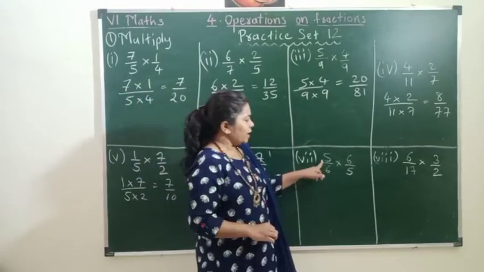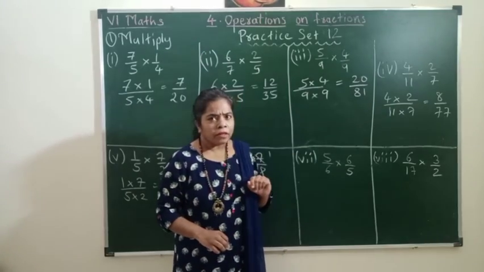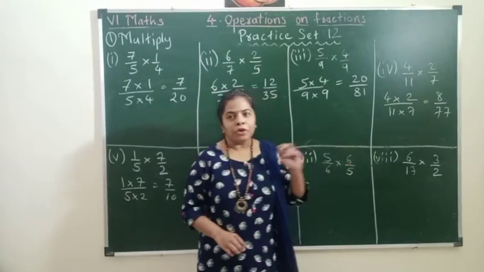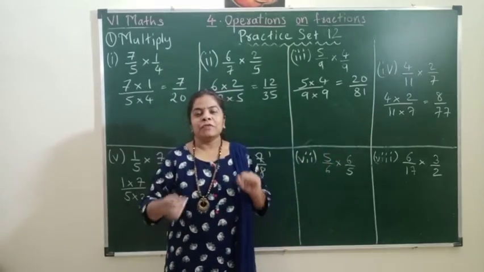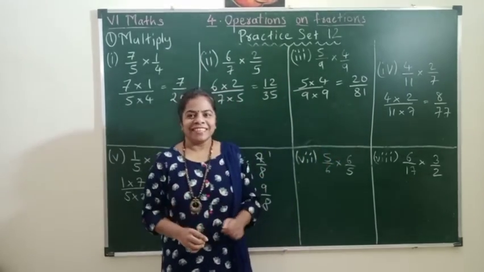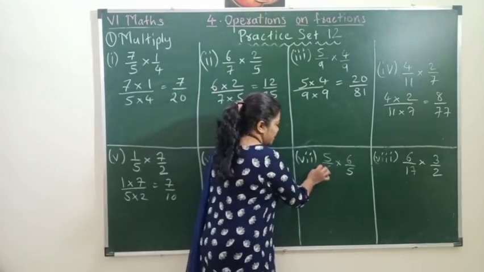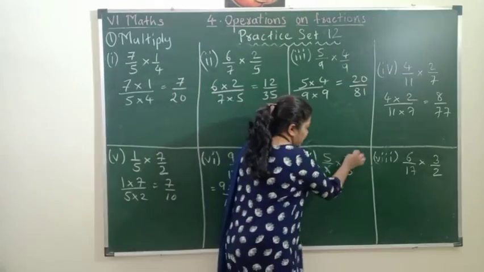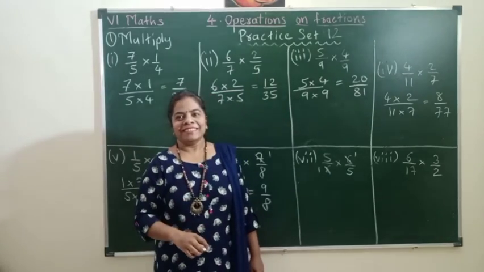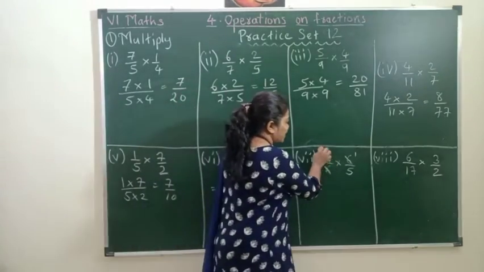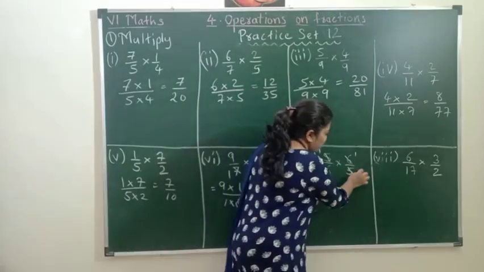Next one. 5 and 6 don't come in common table. 6 and 5 do not come in common table. 6 and 6, yes. 6 1s are 6, 6 1s are 6. 5 also is getting cancelled in the same way. 5 1s are 5, 5 1s are 5.